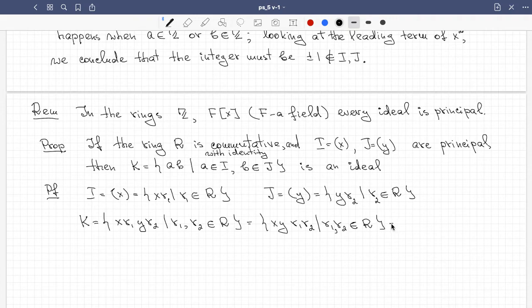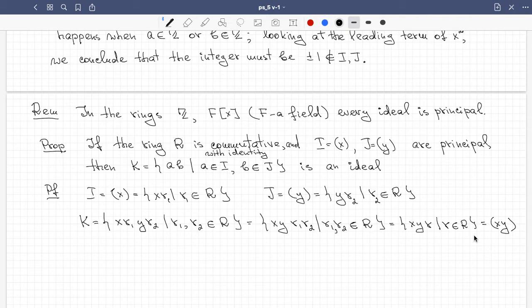Does not matter. So this is the same thing as xy times any element of the ring R. And now what we got is, by definition, the principal ideal generated by xy. So in these cases, you will not find an example such that K is not an ideal. It is simply the principal ideal generated by the product of x and y, as this simple calculation shows.